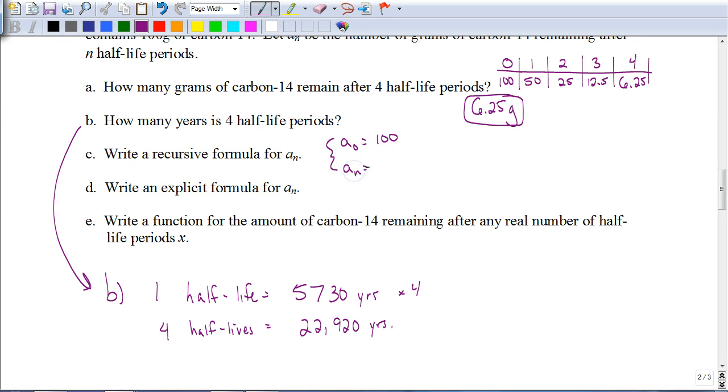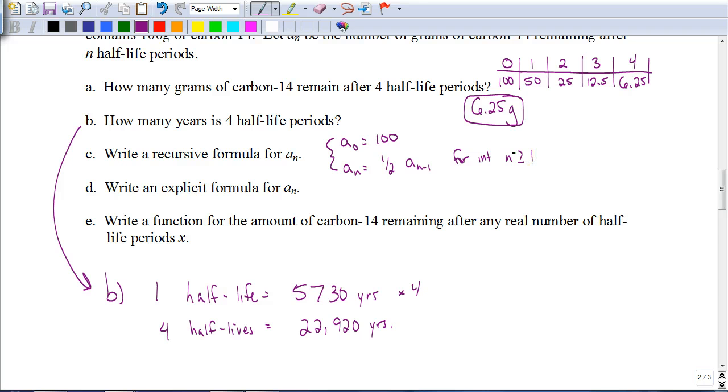To find the next term in our sequence, we would take half of the previous term, for integers where n is greater than or equal to 1. In other words, for the first half-life on, we would use this formula.